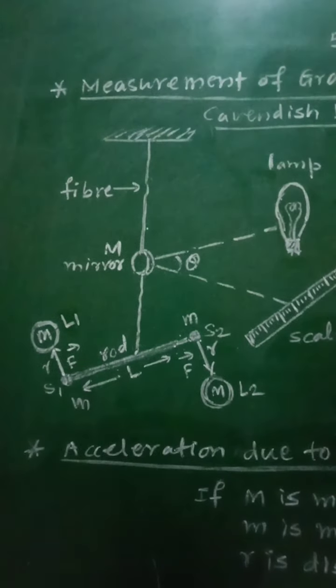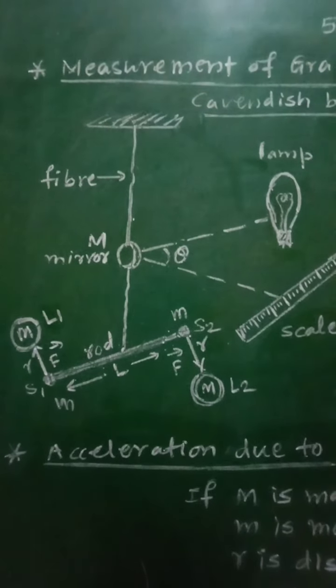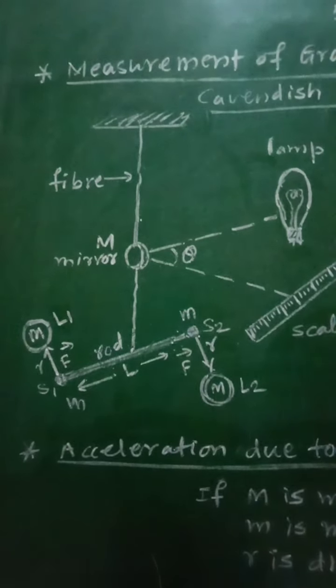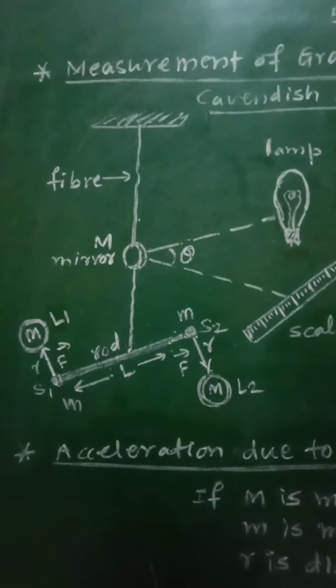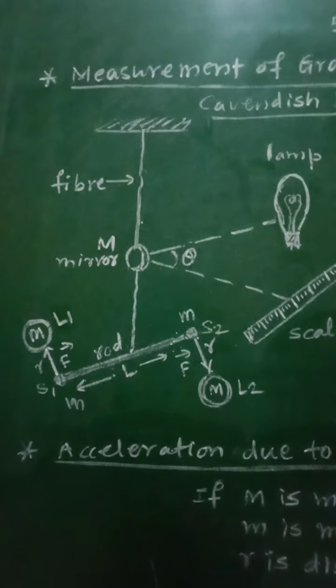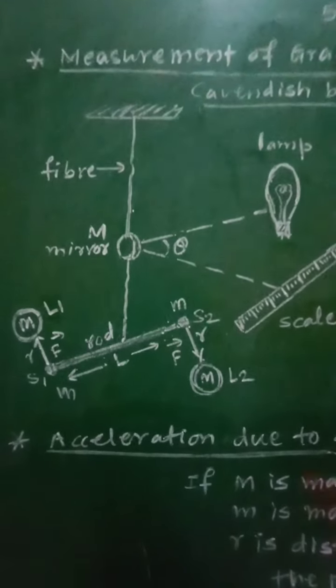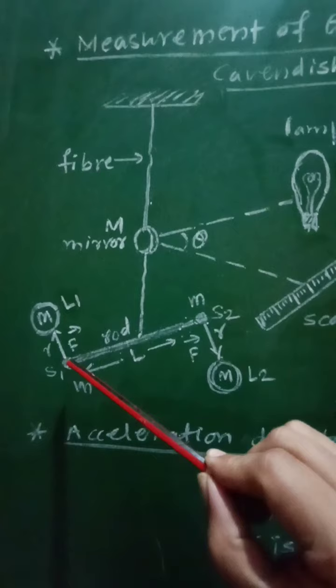Now the big spheres attract the nearby small spheres, that is L1 and L2 will attract S1 and S2, by equal and opposite forces. So this is the force F exerted by L1 on S1.